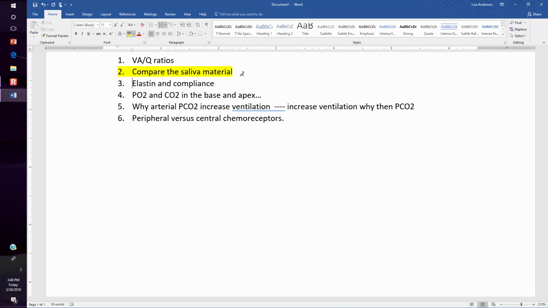We can use a secondary active transporter for chloride. We can use carbonic anhydrase and get in bicarb and exchange bicarb for chloride and put chloride out the front. Or we can say the heck with chloride, let's just use bicarb, again with a carbonic anhydrase system.